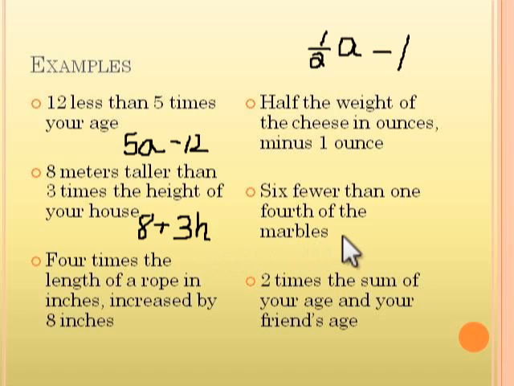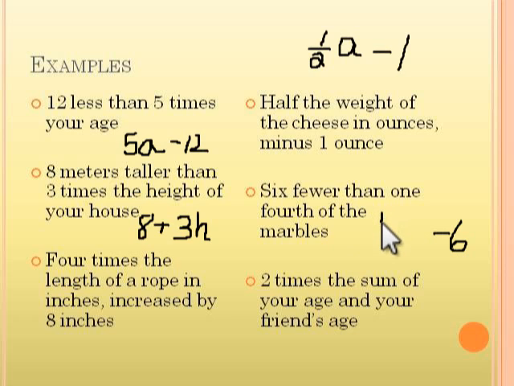6 fewer than 1/4 of the marbles. Fewer than is also a switch order subtraction. So I need minus 6. What minus 6? 1/4 of the marbles. The word of means, yes, multiply.